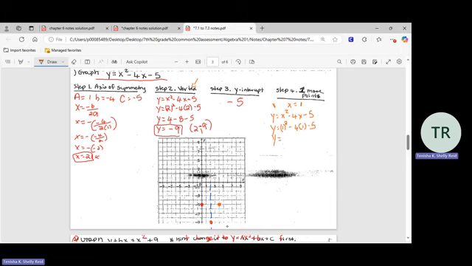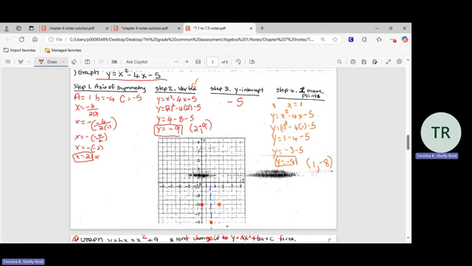And then I just evaluate. y equals 1 minus 4 minus 5. And so y is equal to -3 minus 5. Y is equal to -8. So when x is 1, y is -8. That's how I get that coordinate.